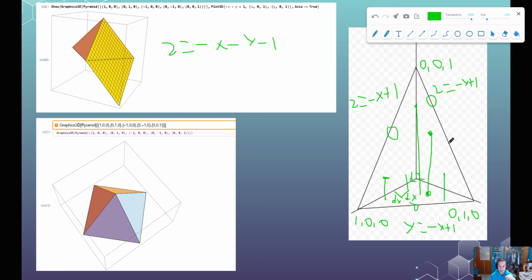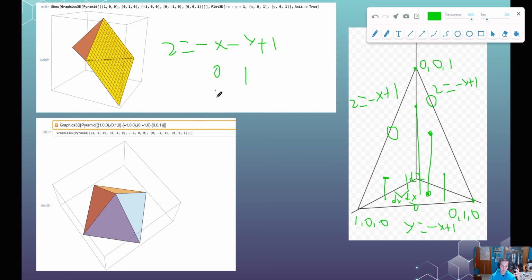And again, taking a multivariable class probably would help. But if you just think about it a little bit, you can come up with this, thinking that, well, okay, if x and y are both 0, I should get 1 up here. Okay, so that checks out. If x is 0 and y is 1, I should get 0 because I want to be down here.